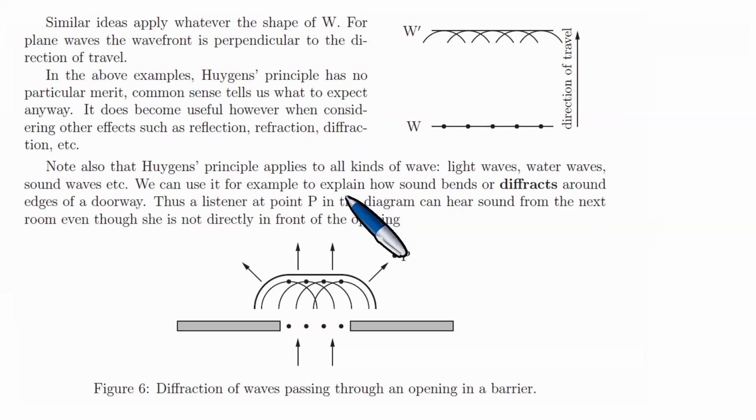In the above examples, Huygens principle has no particular merit. Common sense tells us what to expect anyway. It does become useful however, when considering other aspects such as reflection, refraction, diffraction, etc.